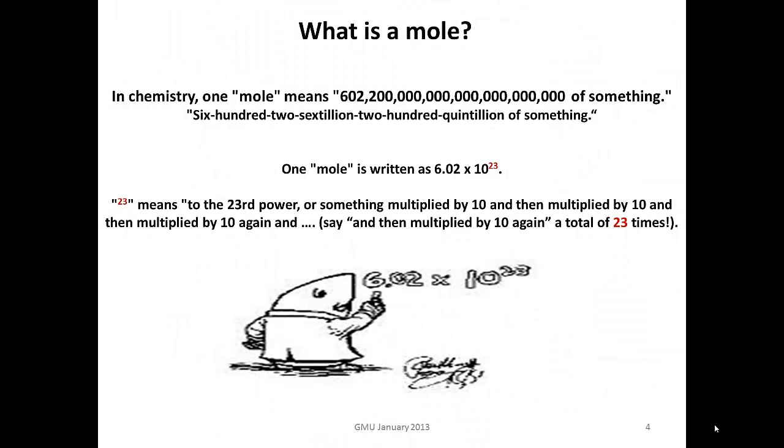The 23rd means to the 23rd power, or something multiplied by 10, and then that answer is multiplied by 10, and then multiplied by 10 again, a total of 23 times. That equals 602 sextillion 200 quintillion.